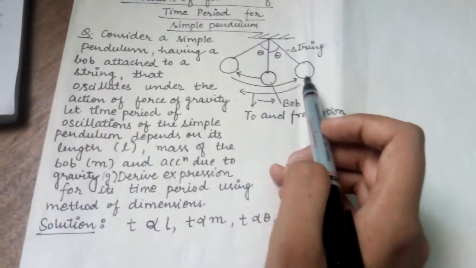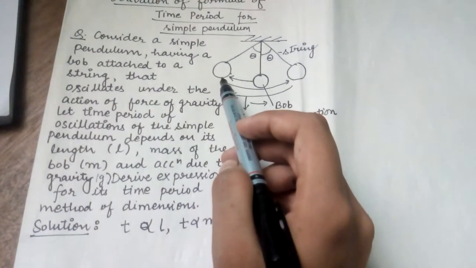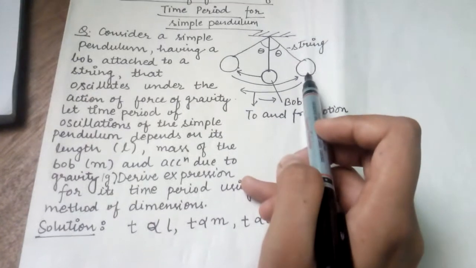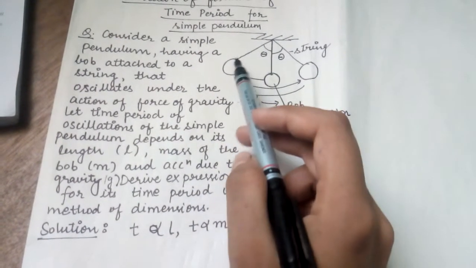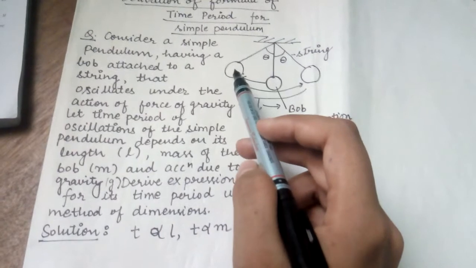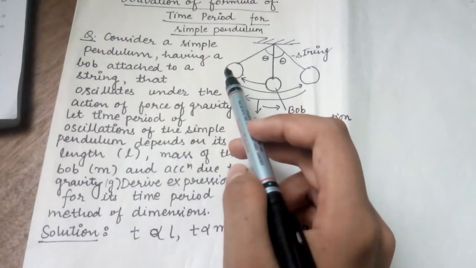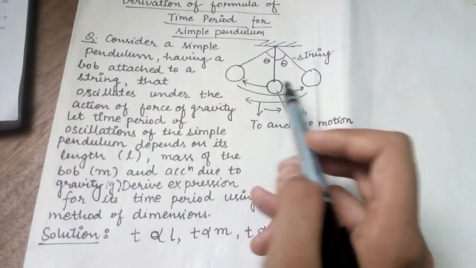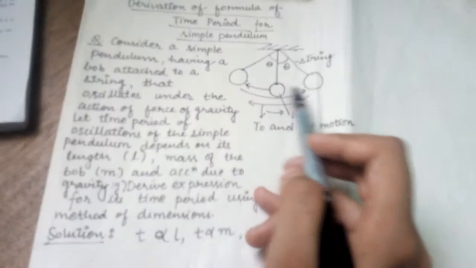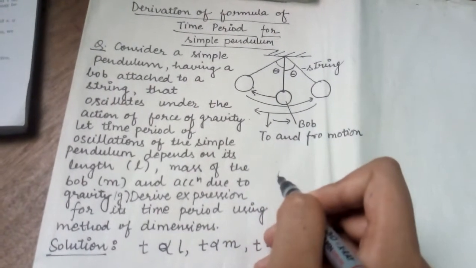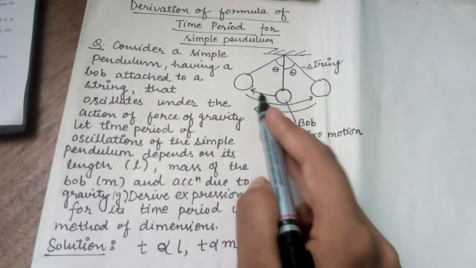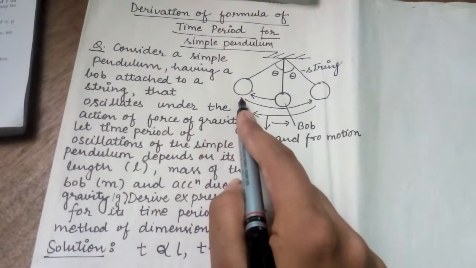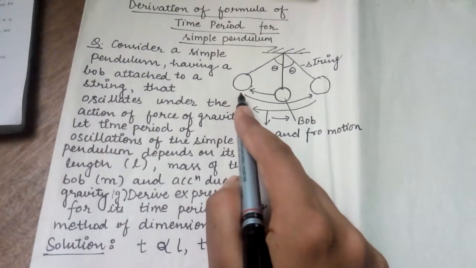If the bob makes one oscillation, that is to and fro motion, it is called an oscillation. Here, when the bob is hanging here and we leave the bob from here, then for one cycle, from here to here, it makes 180 degrees of angle, and when it completes 180 and then comes here, it makes 360 degrees.